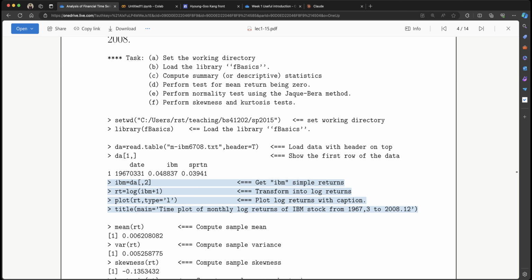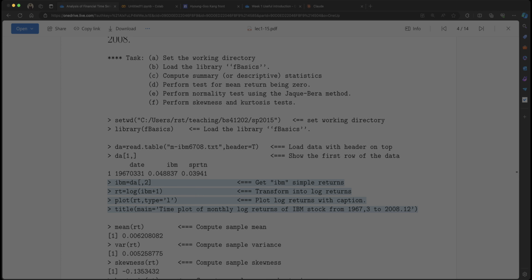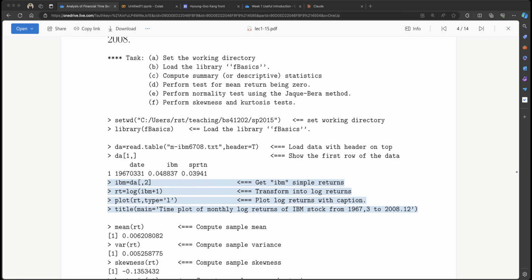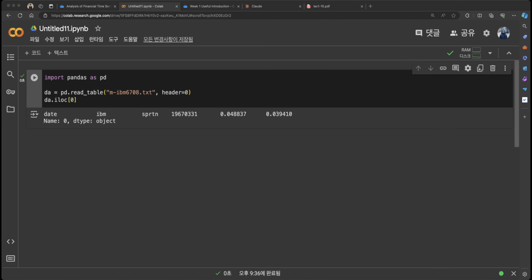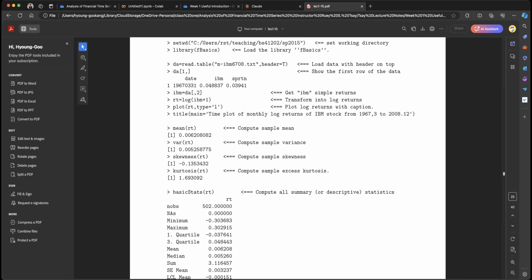Instead, I again go to my PDF. In fact, what I can do is open with this one. Just a moment. Let me copy and paste again here.